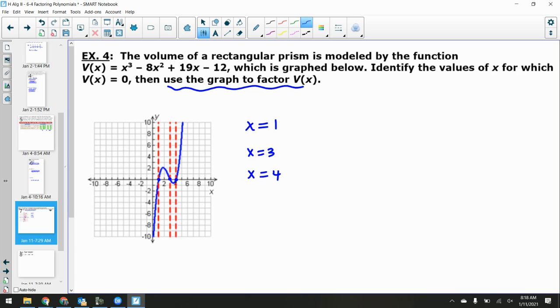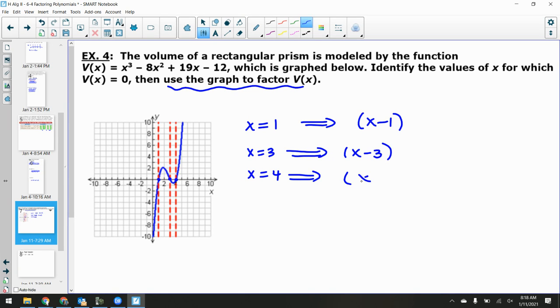Now, it's going to be very important that we understand zeros correspond to factors. Right? Zeros are factors. Zeros of the equation are factors of the polynomial. So what does that mean? Well, the corresponding 0 to x equals 1 would be x minus 1. The corresponding root from x equals 3 is x minus 3.